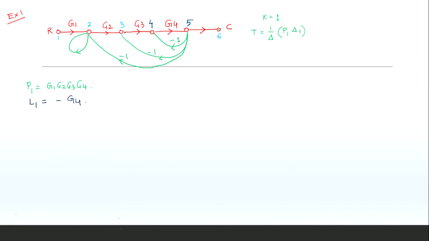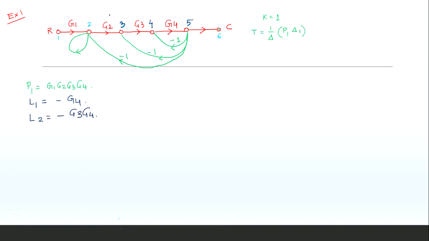Next, similarly, if I go for node 3, from node 3 the signal is going through G3, then G4, and then there is a loop coming to G3 again, so G3 G4 into minus 1. So the second loop I am considering is minus G3 G4.